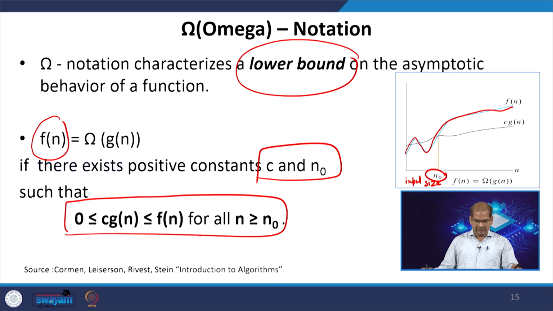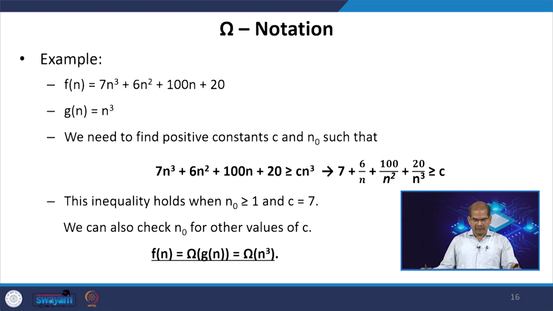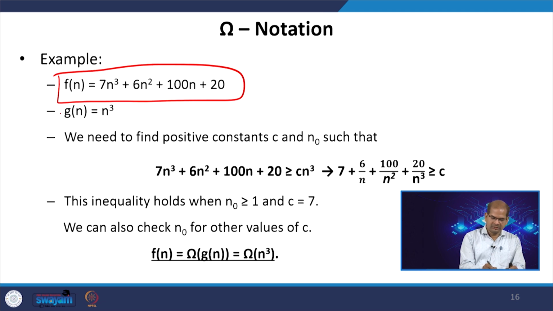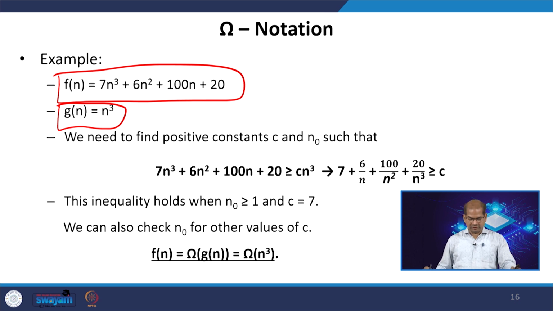Then you can write f of n as omega of g of n. Now take this example: I have a function f of n here and a function g of n here. I need to find two constants, n naught and c, such that this inequality holds good. Then I can say my f of n is omega of g of n, or omega of n cube.